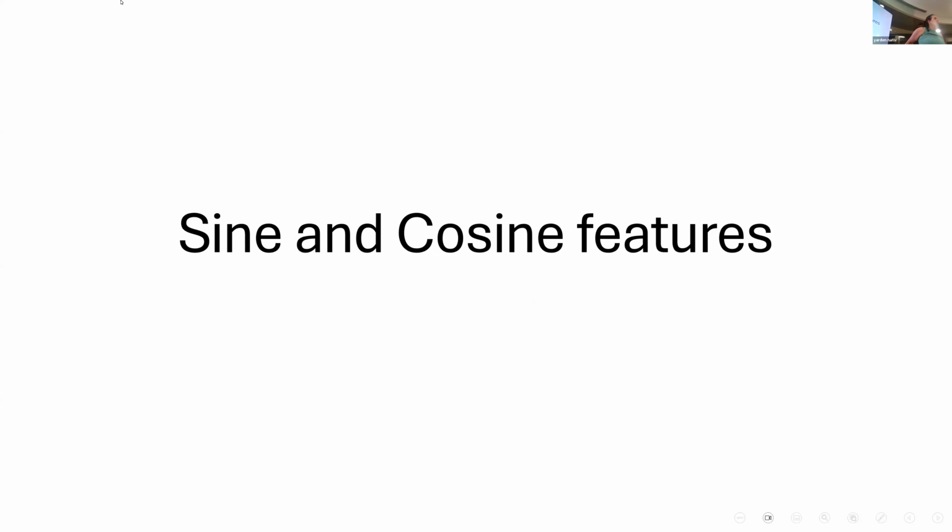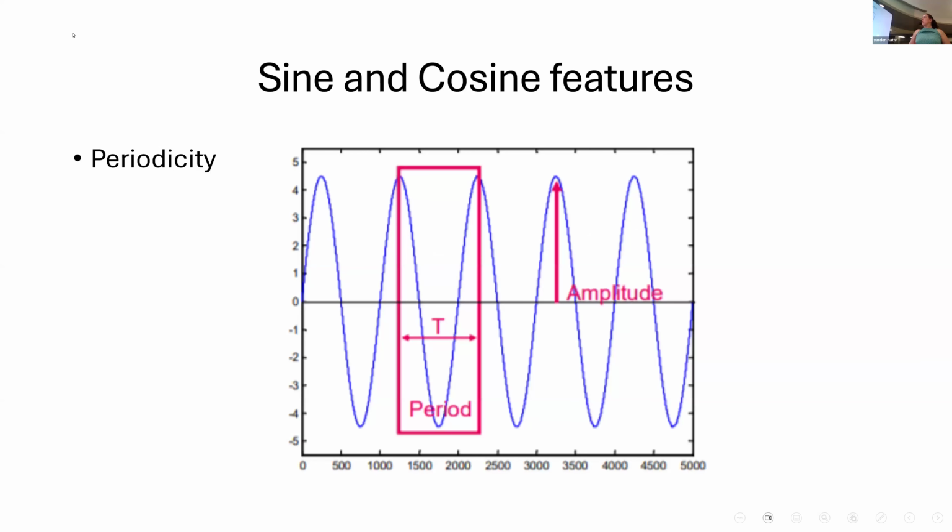First of all, I just want to talk about a few of the features of the functions of sine and cosine. Sine and cosine are periodical functions, which means that we can look within each sine between two peaks or two troughs, and this is called the period of this wave.